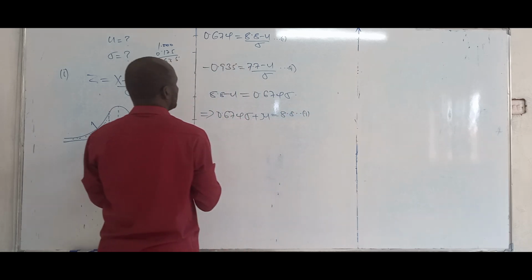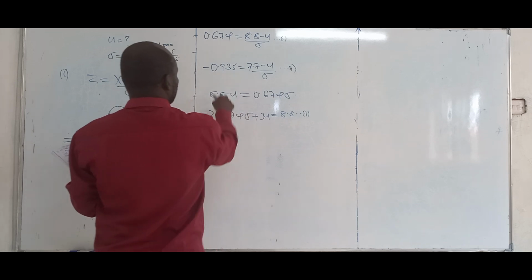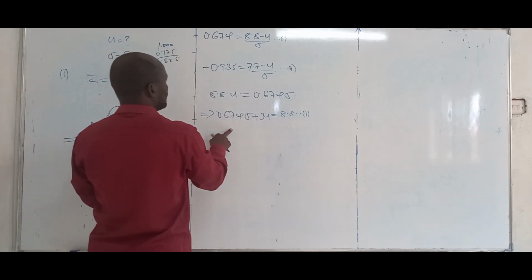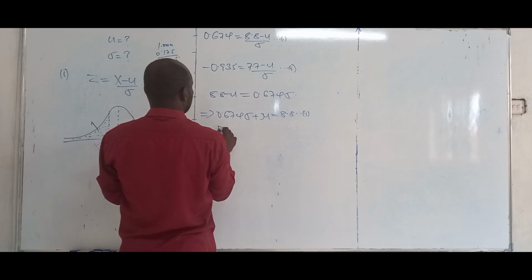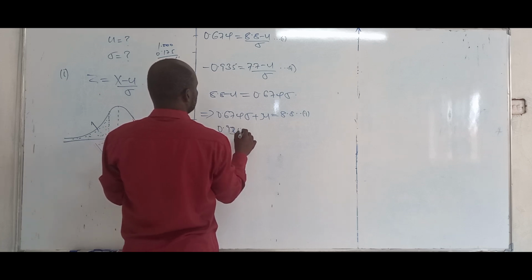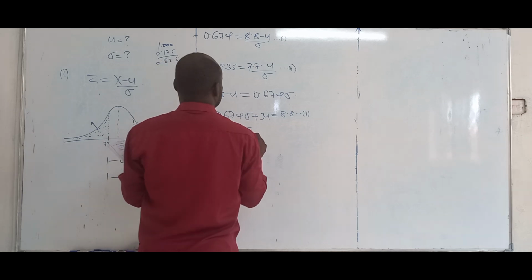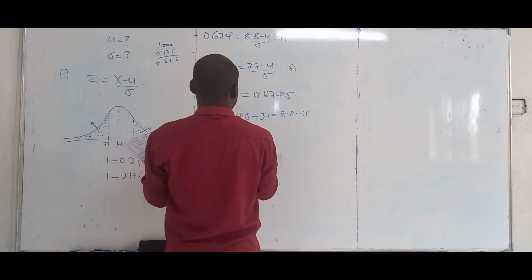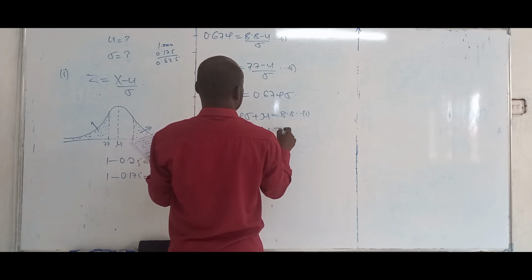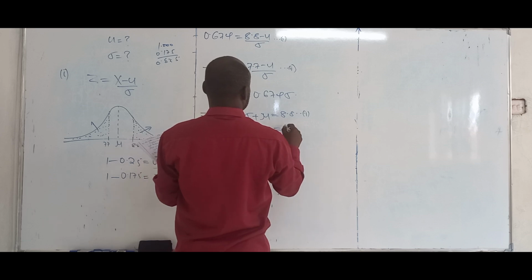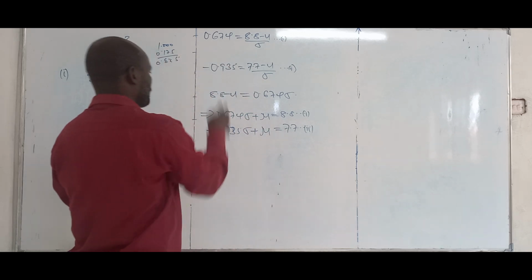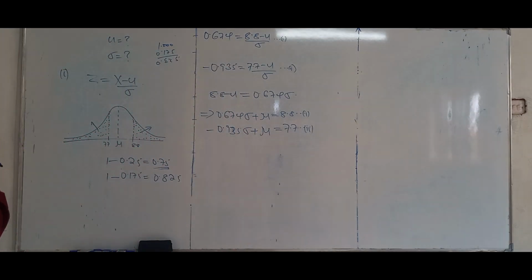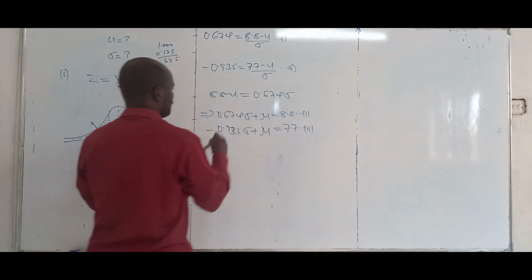That's equation 1. Equation 2, arranged in terms of this, is minus 0.935 standard deviation plus mean is equal to 7.7. That's 2. Solving this simultaneously should give you the values.